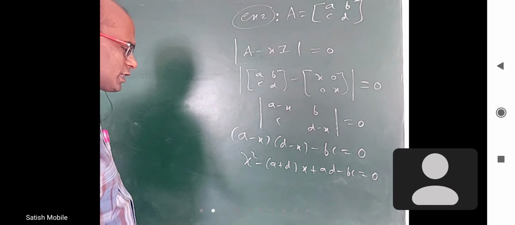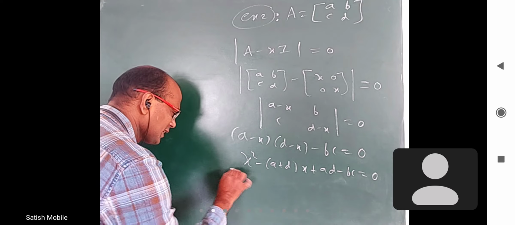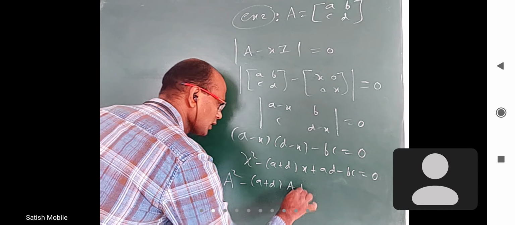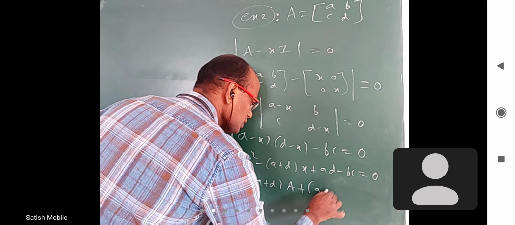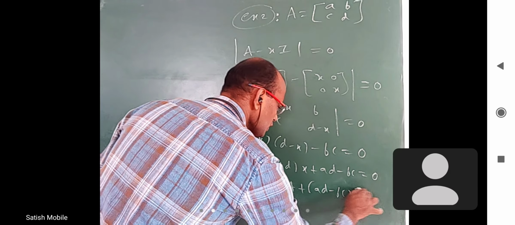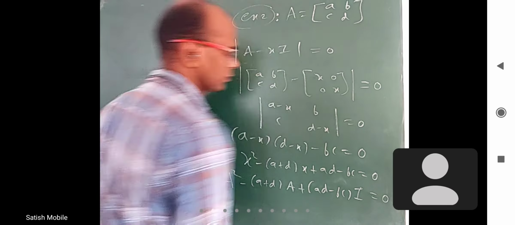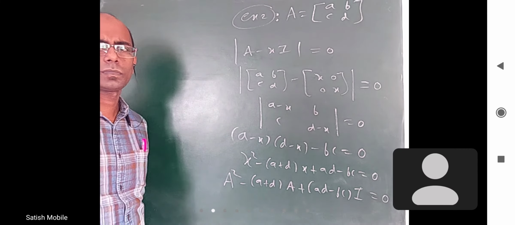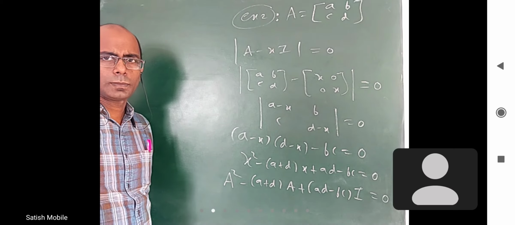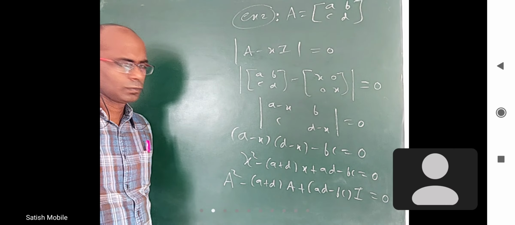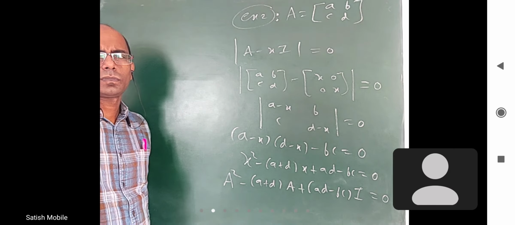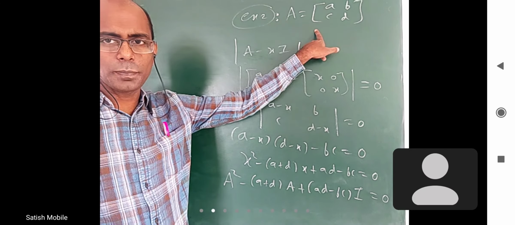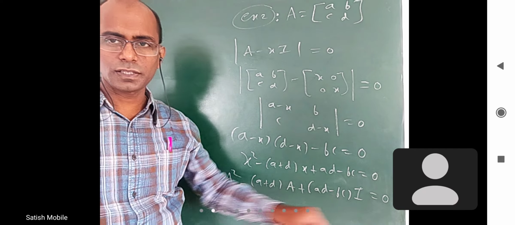Now, if I substitute matrix A, I will get A square minus (a plus d) into A plus (ad minus bc) into I equal to 0. So every 2 by 2 square matrix will satisfy a quadratic equation like this.